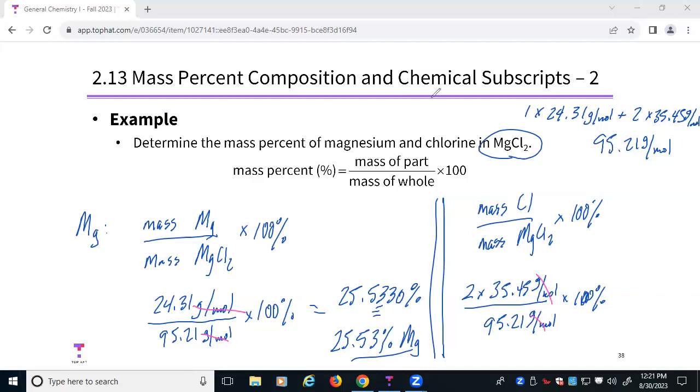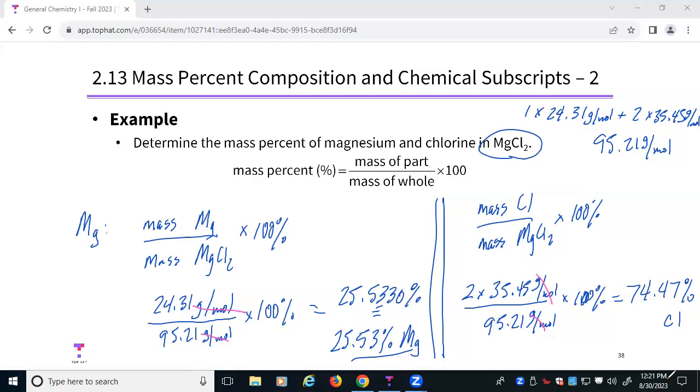Grams per mole still cancel out. 2 times 35.45 divided by 95.21 times 100%. Again, to 4 significant figures, 74.47% chlorine.